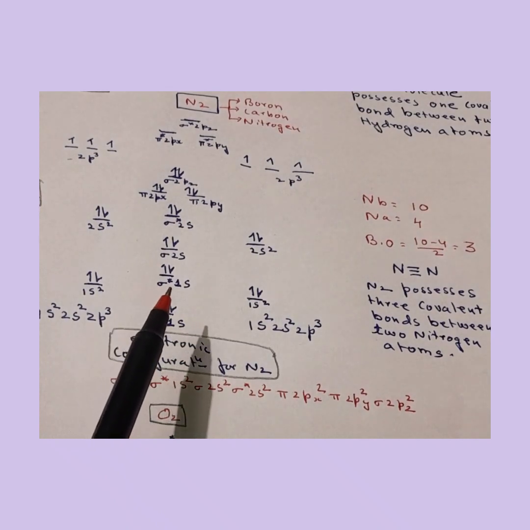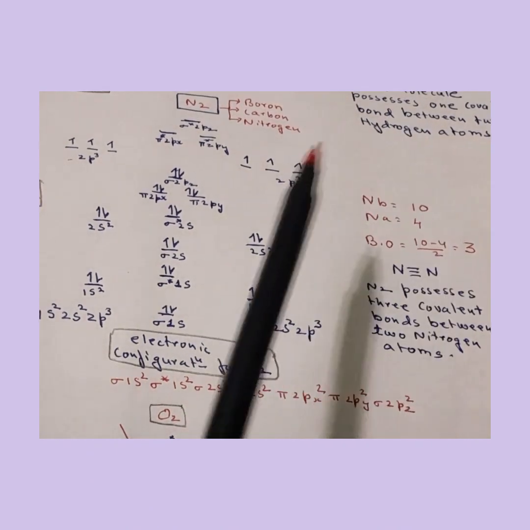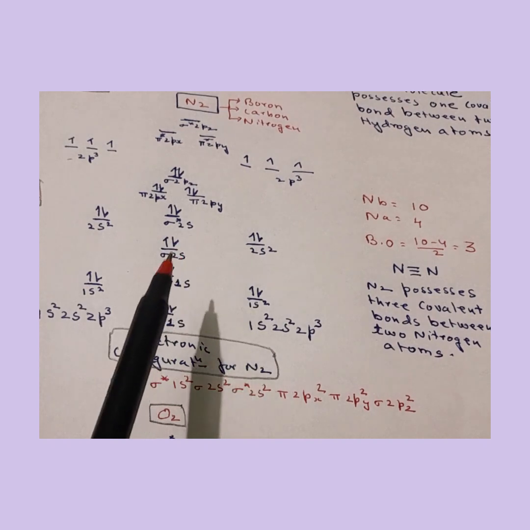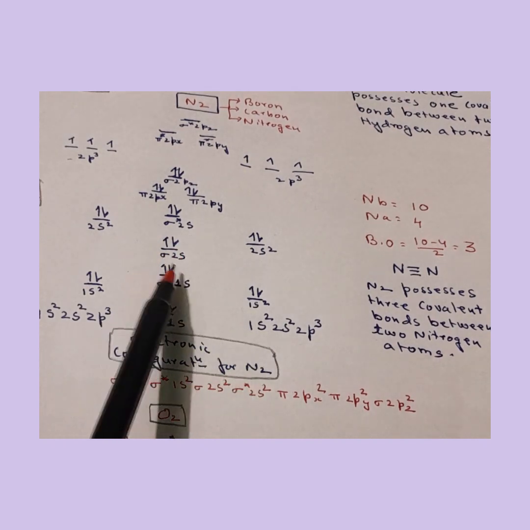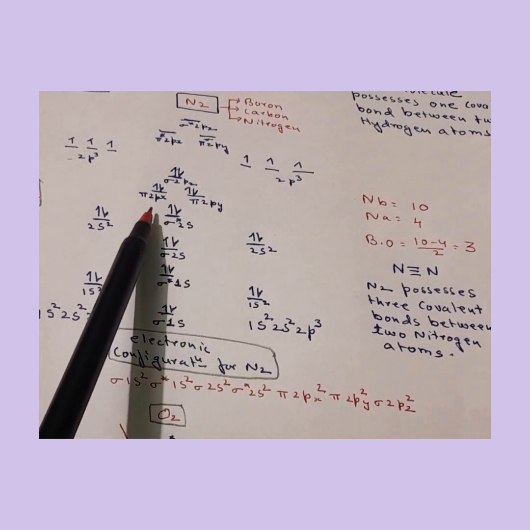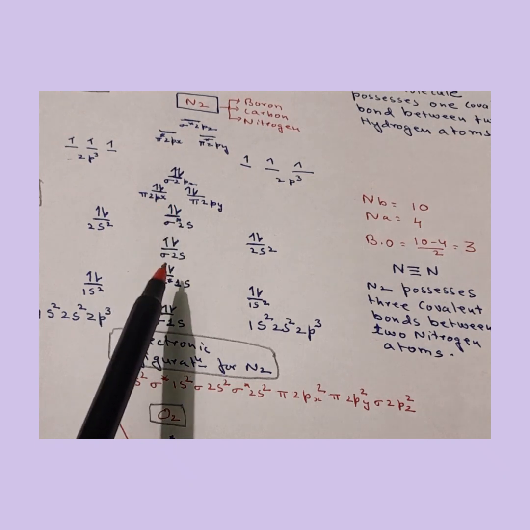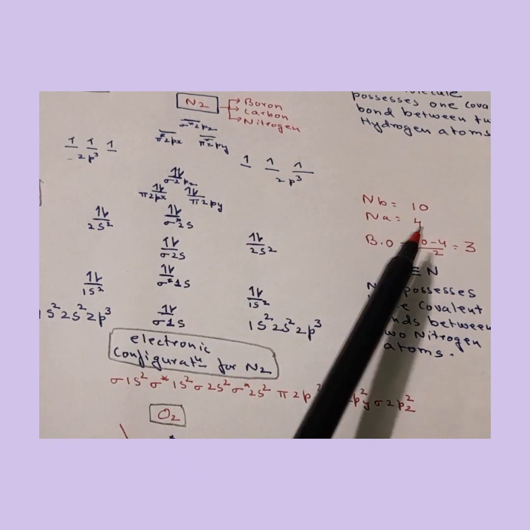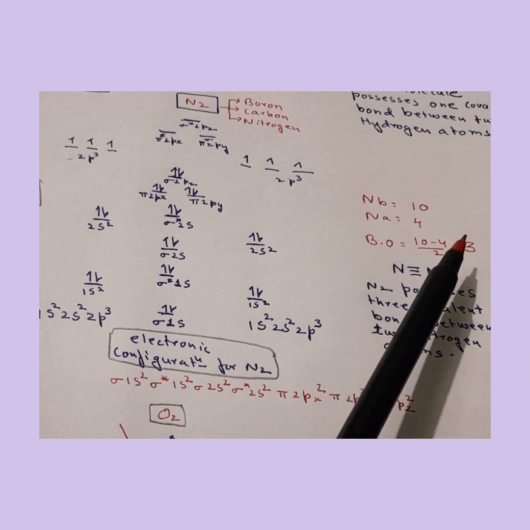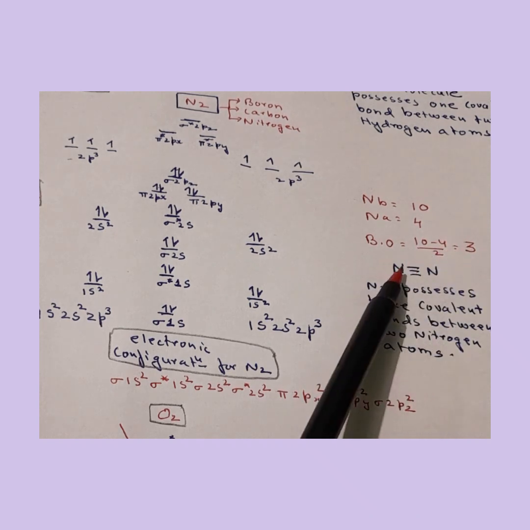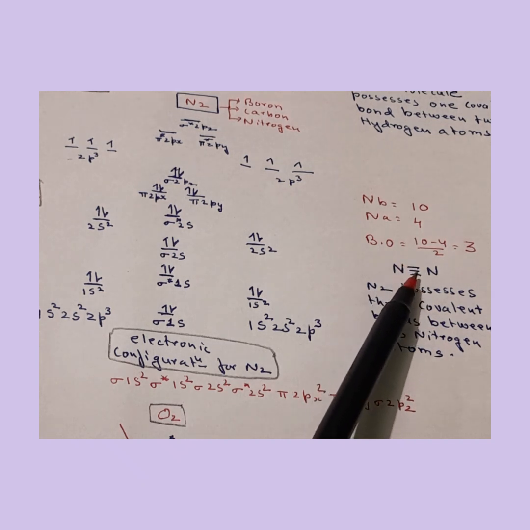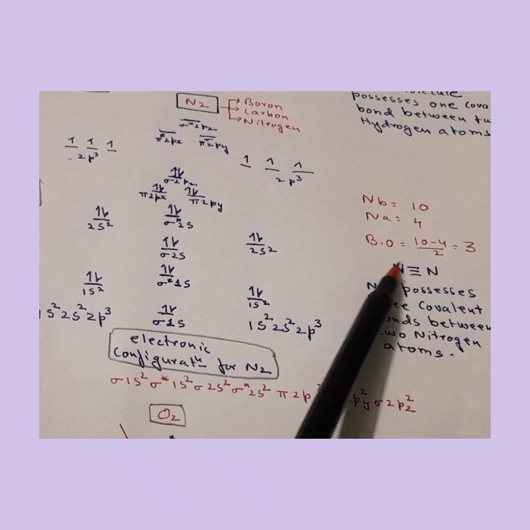Now let's check out antibonding. It says 4. So we have got 2 antibonding here, then again 2 antibonding here, so that comes to 4. So 10 minus 4 upon 2 comes to 3. 6 upon 2 comes to 3. So diatomic nitrogen has 3 covalent bonds between 2 atoms. Alright, so that's about bond order.